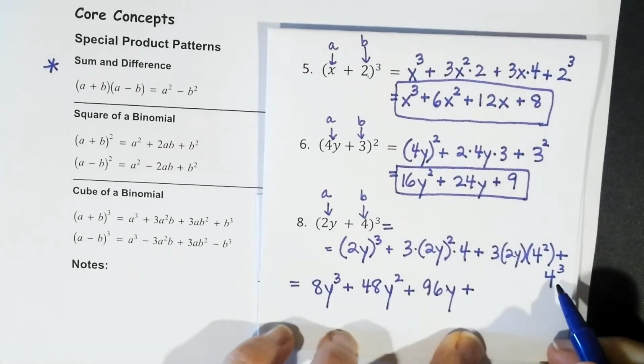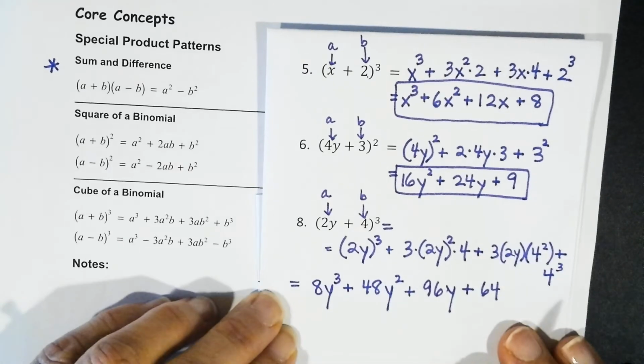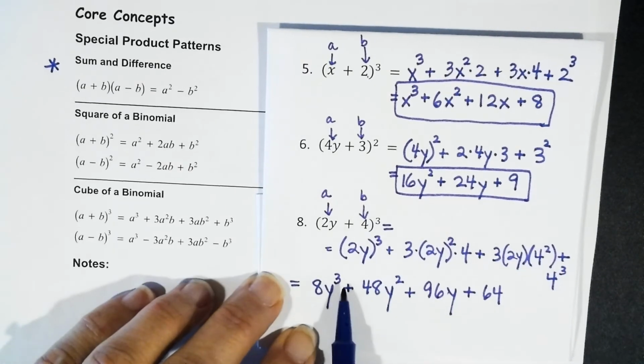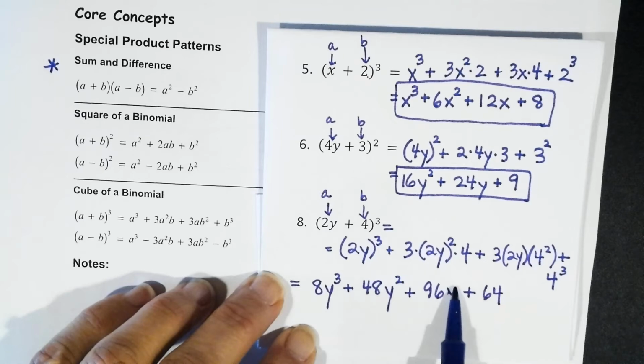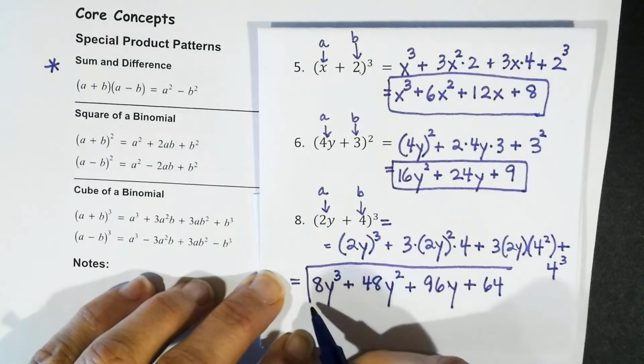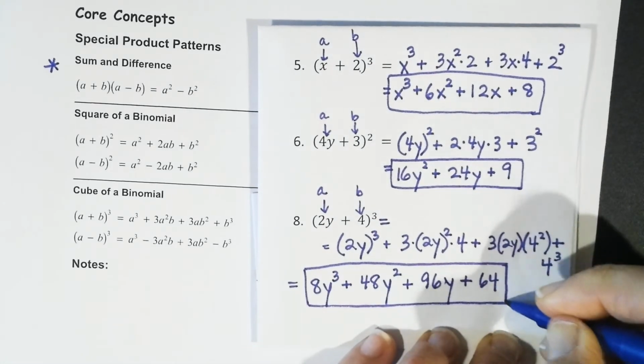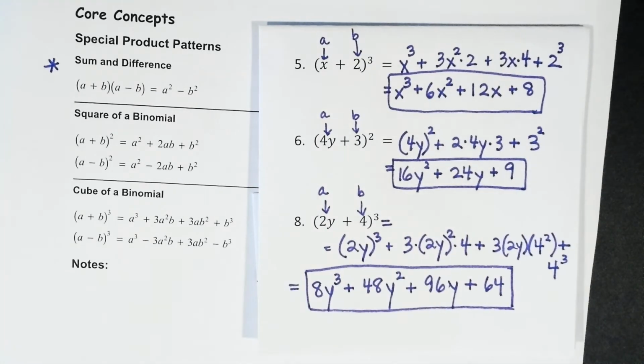And 4 times 4 times 4 is 64. So you'll notice it ends up in order. y cubed, y squared, y to the 1, y to the 0. And so following the pattern, that's what we get. And those are special patterns that you may recognize, okay, throughout this process.